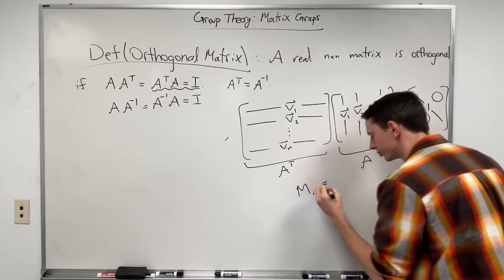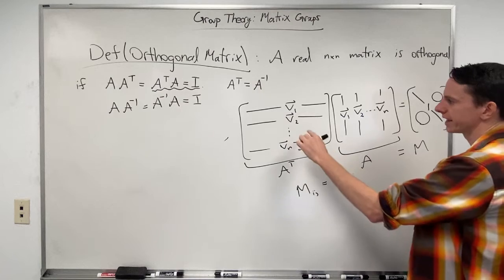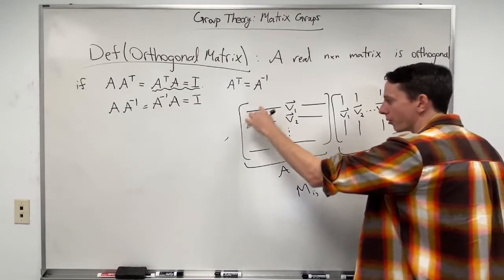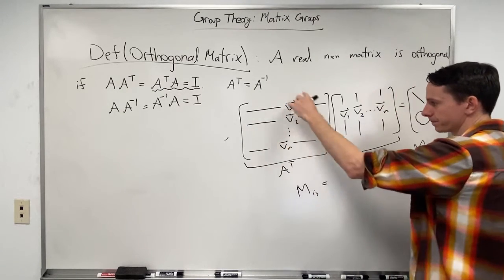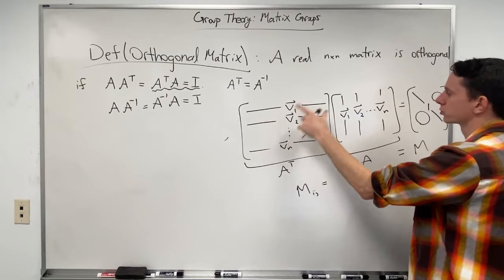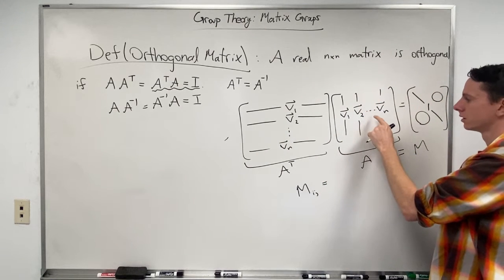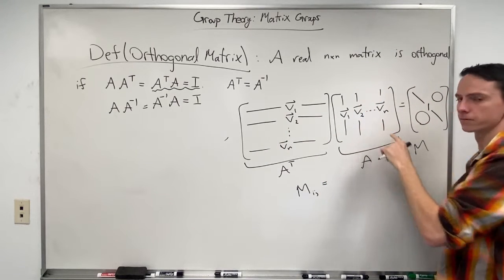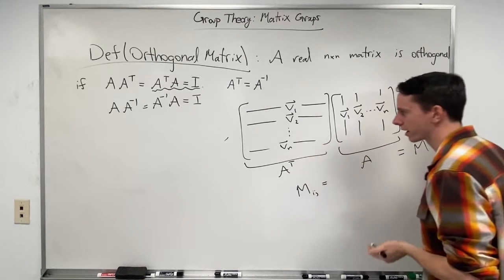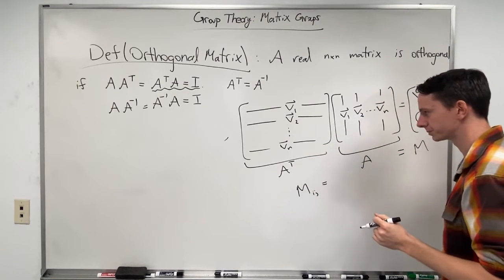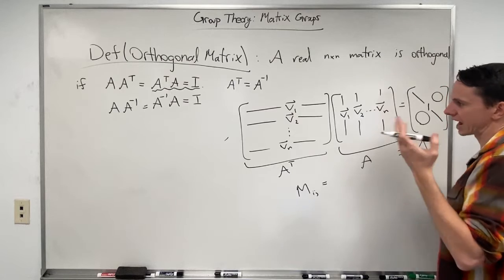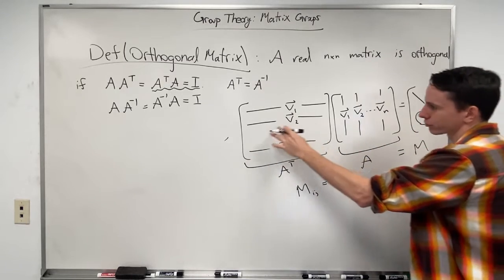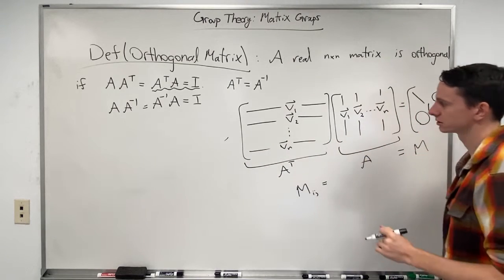Well, what we end up doing is we take the ith row from here and perform a dot product with the jth column of here. Right? That's kind of the way that we learn how to perform matrix multiplication. So let's just ask ourselves, what is the ith row in our first matrix?